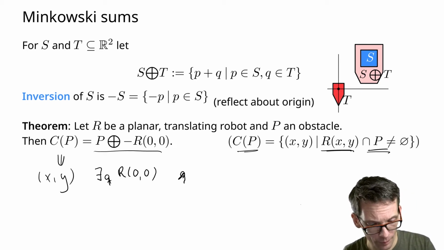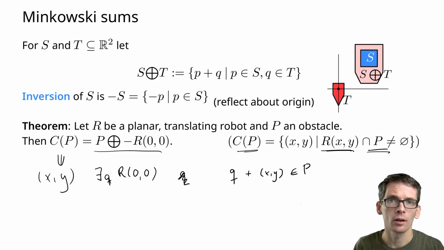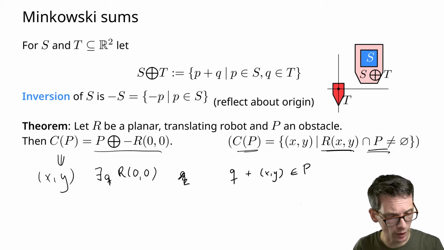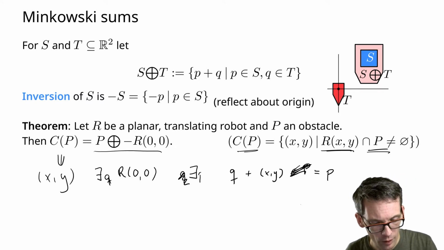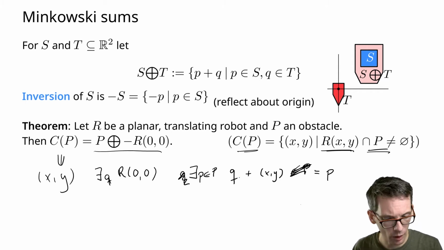So Q plus xy lies in P. What does it mean that it lies in P? There is a point p in P which is equal to that. So let's write it like that. So this equals p for some point p in P. Now we're already nearly there, because now I just take the Q and bring it to the other side.